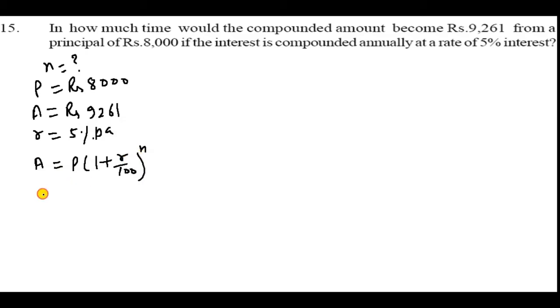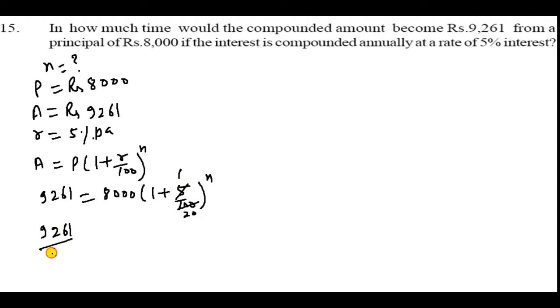Amount will be equal to P (1 plus R upon 100) whole power N. Amount, that is 9,261, is equal to 8,000 and here is (1 plus 5 upon 100) whole power N. So 5 ones are 5 and 5 twenties are 100, so 1 upon 20.